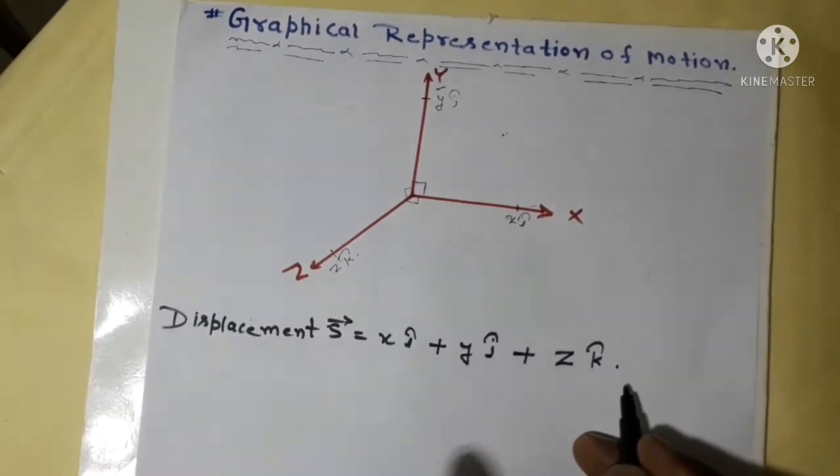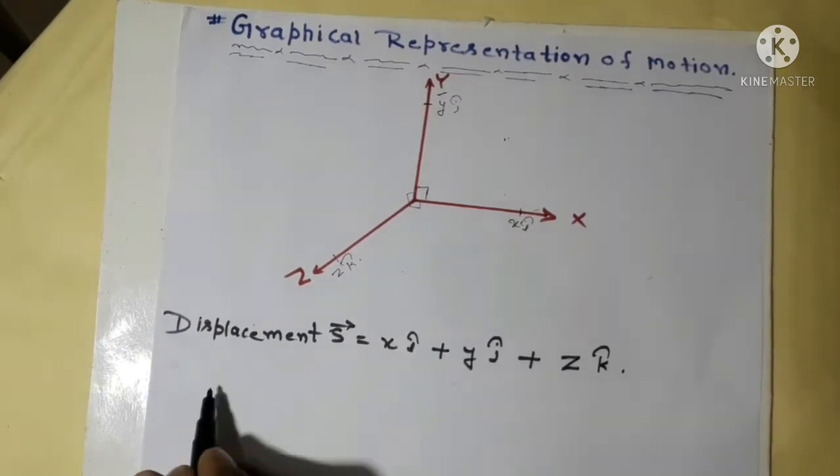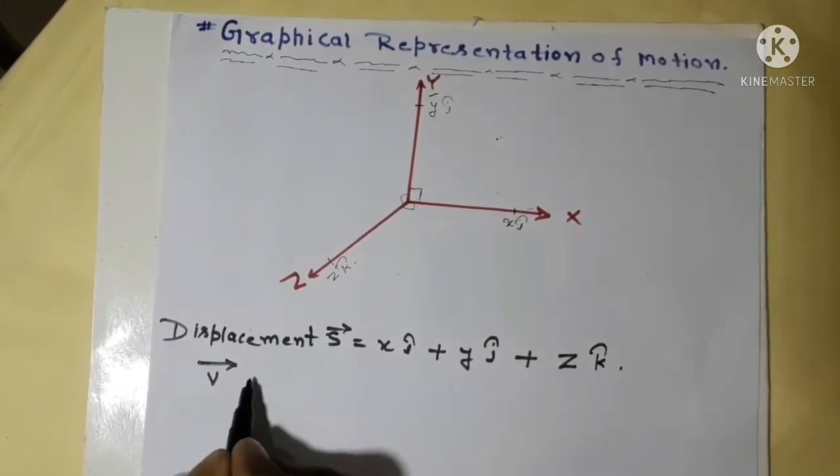This is written for a three-dimensional figure. We know that velocity is represented like this.